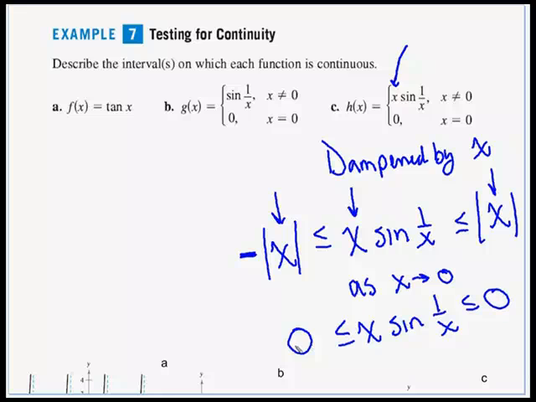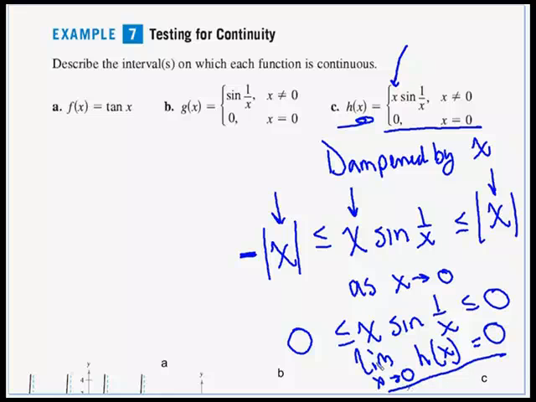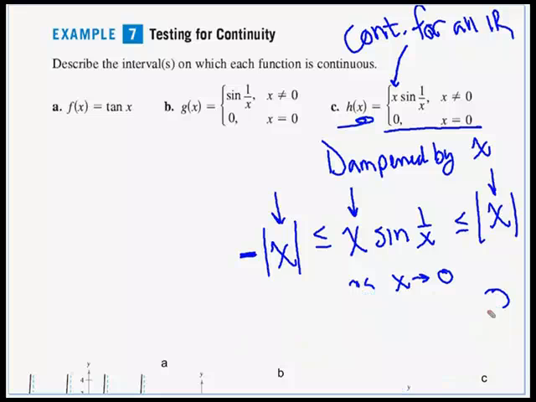So by the squeeze theorem, the limit as x approaches 0 of our function, h of x, is just going to equal 0. Our value there is 0. Our limit as we approach it is also 0. So since we're defined at 0, and the limit as we approach is also equal to 0, we're actually going to be continuous for all real numbers. And I think the graph of this is pretty interesting.